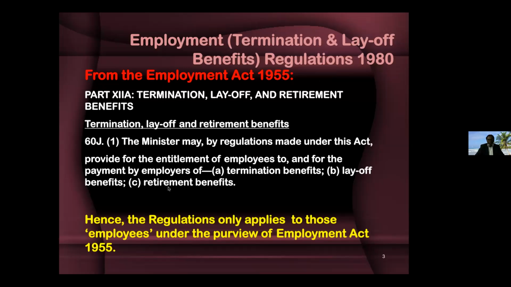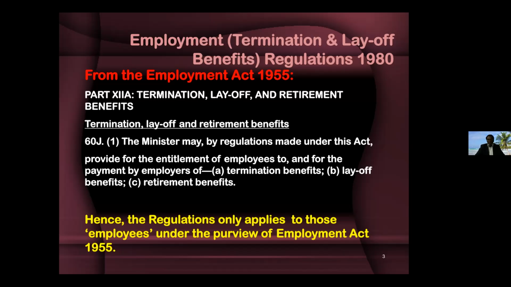So as we can see here, under Section 60J of the Employment Act, it is stated that the minister may, by regulations made under this act, provide for the entitlement of termination benefits and layoff benefits and retirement benefits and so on. Hence, this is how the regulations are made.